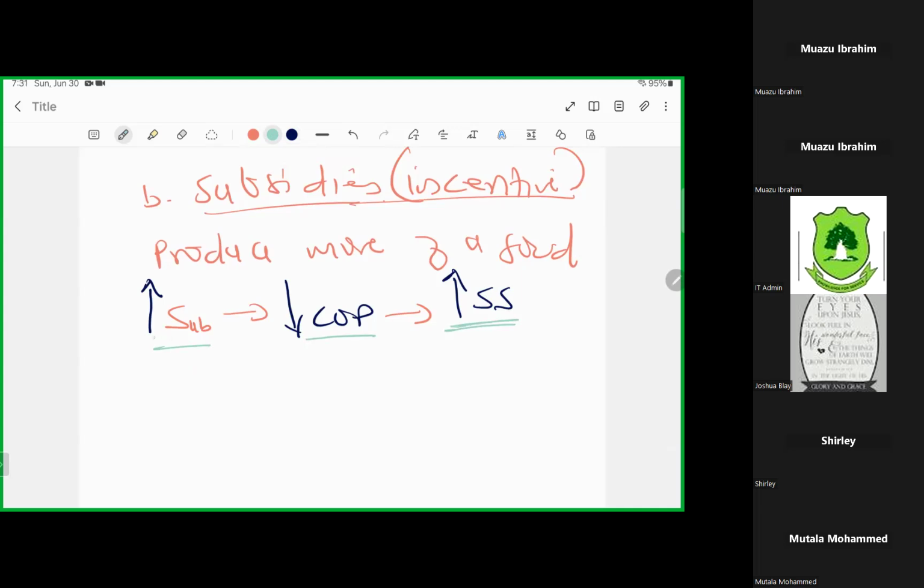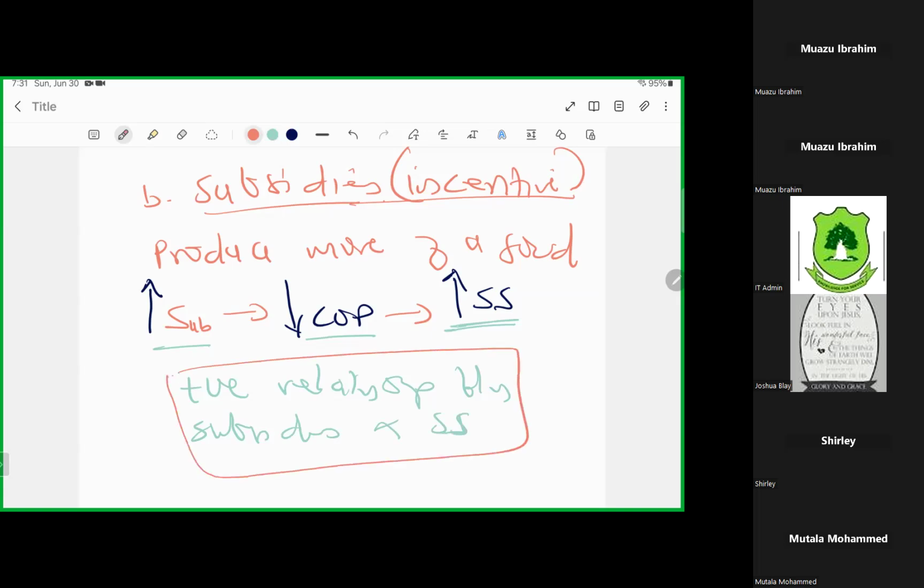So you will see that there is a positive relationship between subsidies and supply. As subsidies increase, supply also tends to increase, showing that positive relationship.